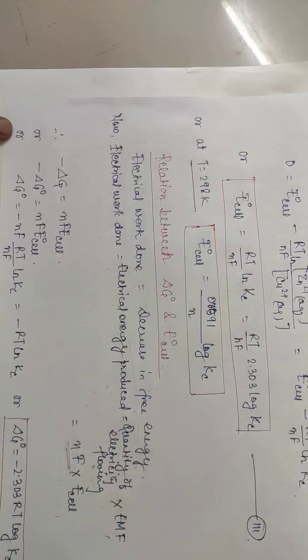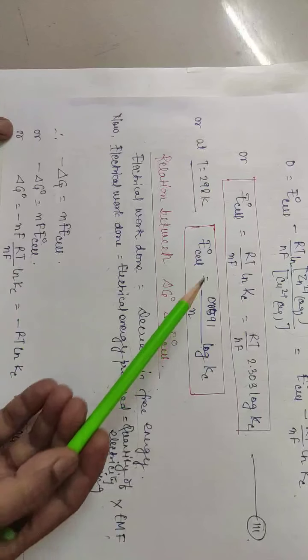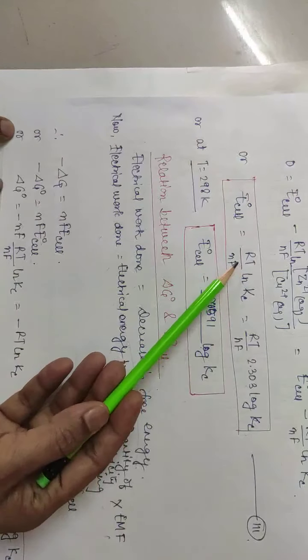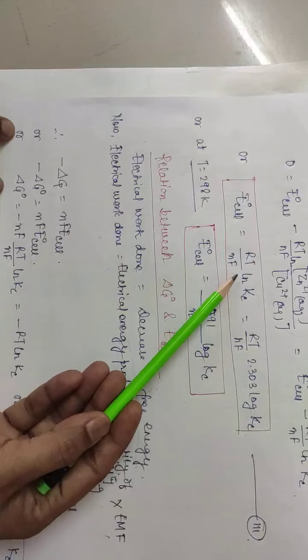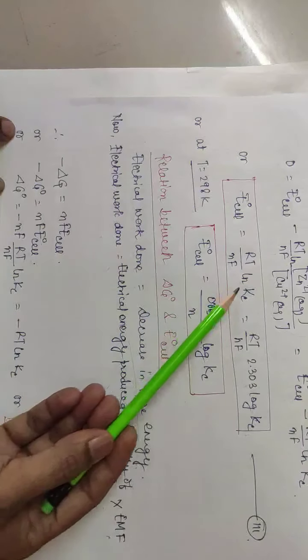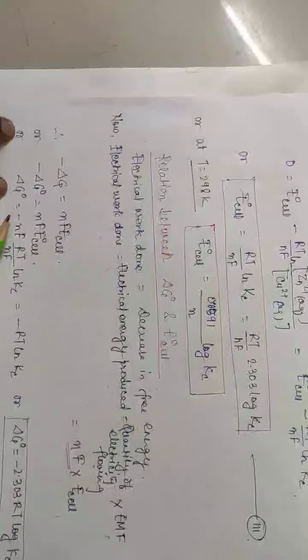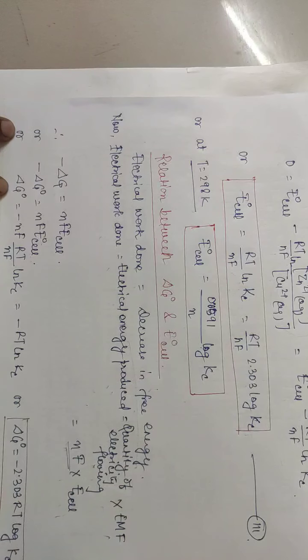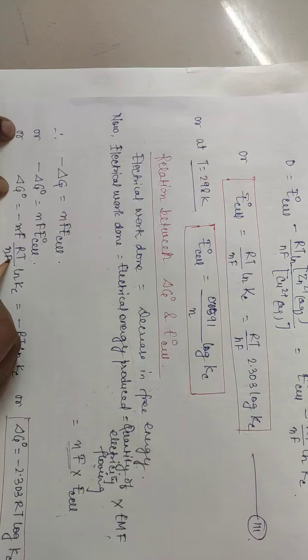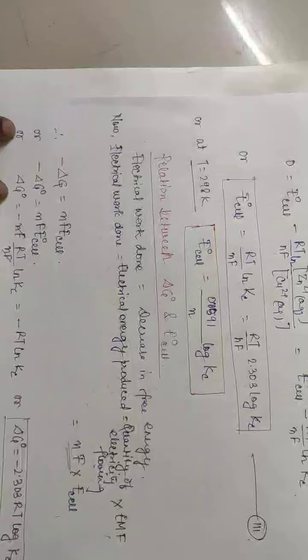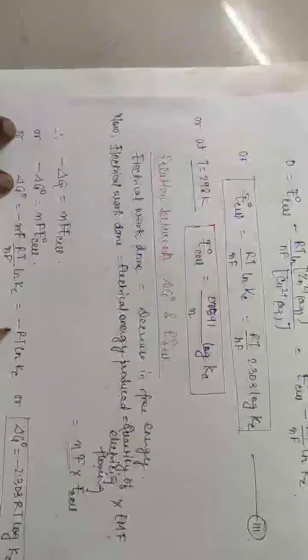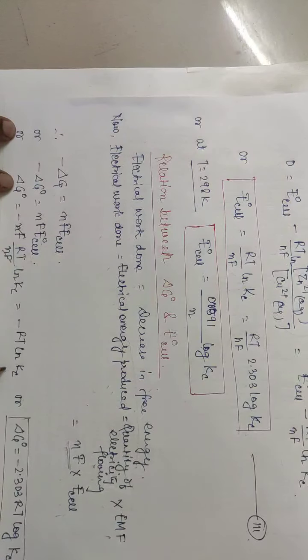Now putting the value of E naught cell equal to RT upon nF ln Kc here, we get delta G naught is equal to minus nF times RT upon nF ln Kc. nF and nF cancel out and we have delta G naught equal to minus RT ln Kc.